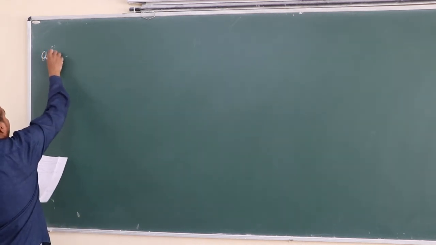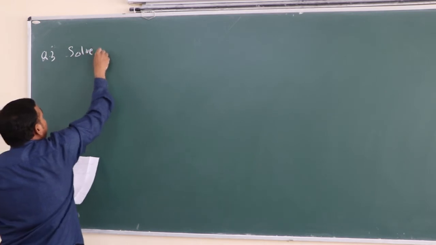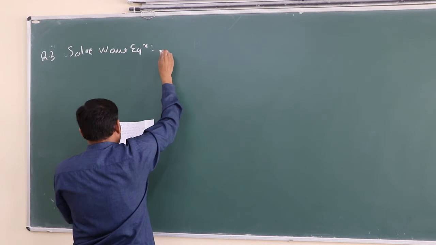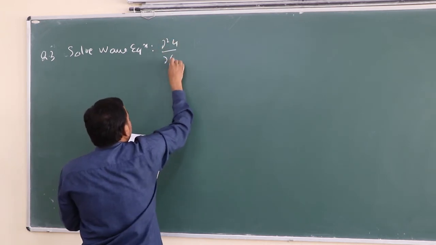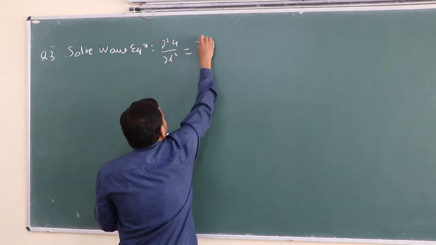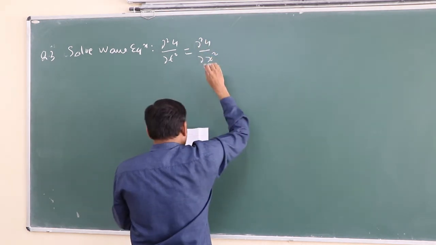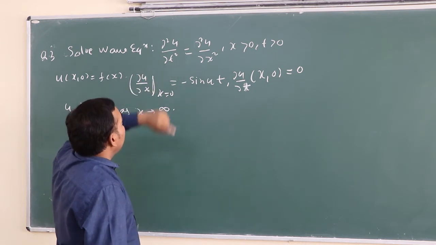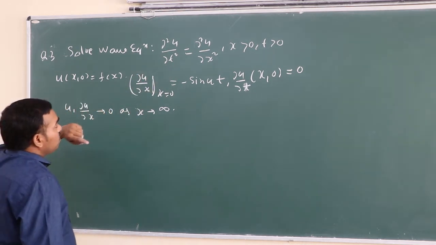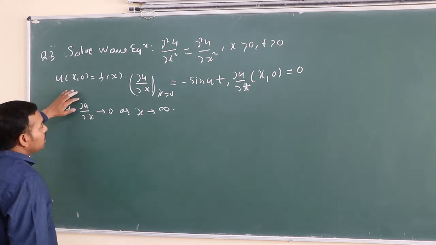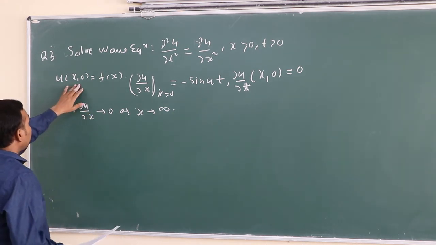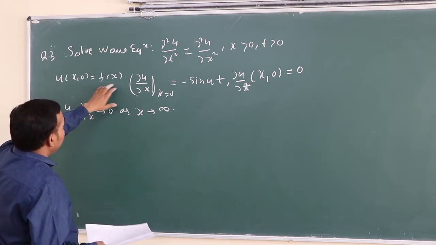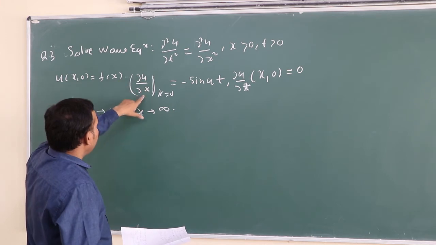So now solve the wave equation, that is, del square u upon del t square equal to del square u upon del x square. So this is the wave equation, del square u upon del t square equal to del square u upon del x square, x going from 0 to infinity, t greater than 0, with initial condition u(x,0) equal to f(x), and del u upon del x.